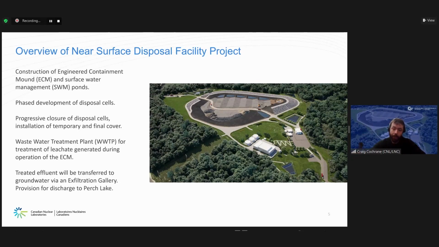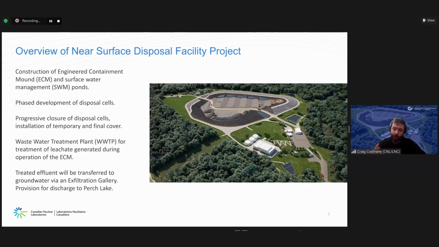Our treated water, which is what this webinar is all about, that treated contact water out of the wastewater treatment plant, gets discharged in one of 2 ways. Our primary discharge is to an exfiltration gallery. That's a leaching pit, essentially a septic bed that leaches into the ground, just to the right of the wastewater treatment plant, if you're looking at the figure.